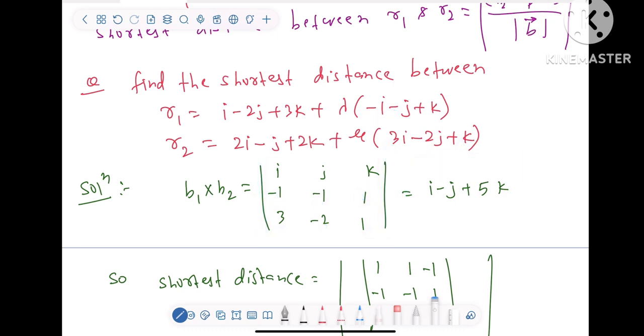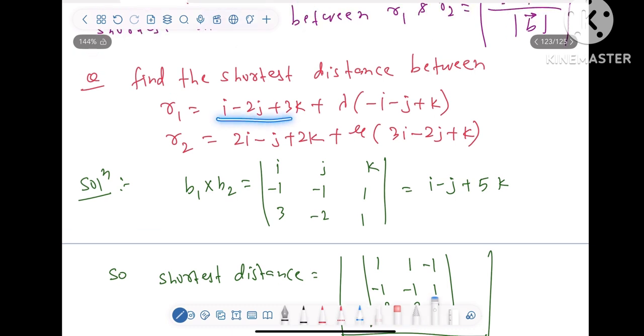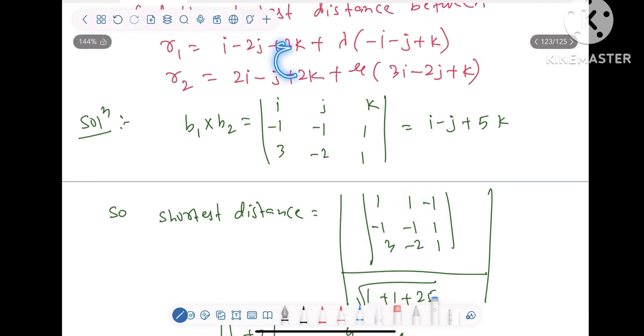So the shortest distance will be: a2 minus a1, where this is a1 and this is a2. 2 minus 1 is 1. Minus 1 minus of minus 2 is plus 2. Then 2 minus 1 is again 1. Then 2 minus 3 is minus 1. Then the rows minus 1, minus 1, 1 and 3, minus 2, 1.